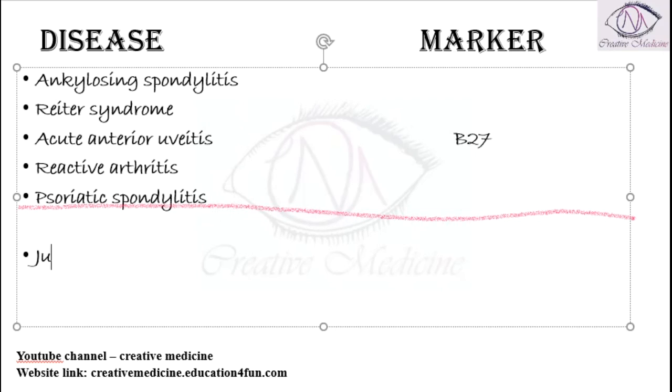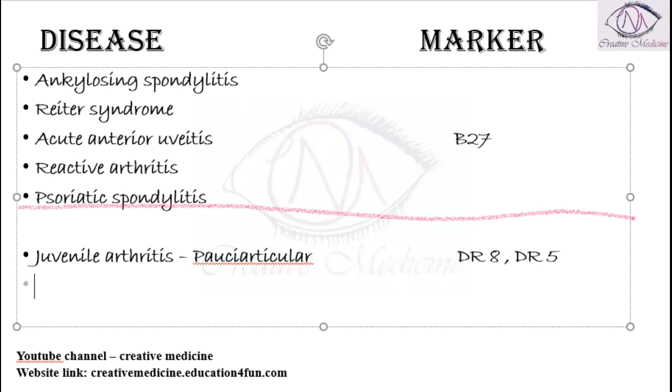Next we have juvenile arthritis, which is pauciarticular juvenile arthritis. This has DR8 and DR5 as the markers. Then we have rheumatoid arthritis.